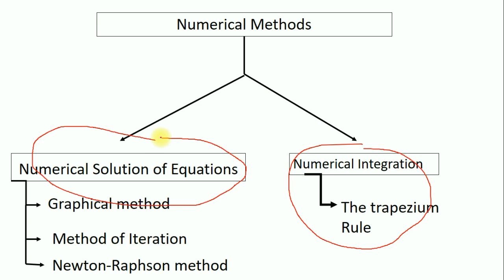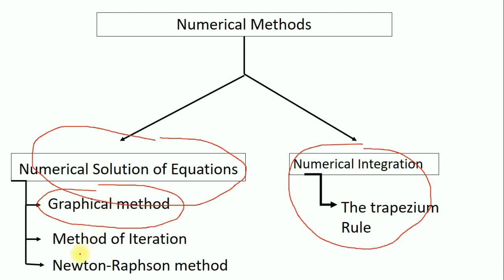Here we learn graphical method and intermediate value theorem. We use this graphical method and intermediate value theorem to find the number of real roots and to locate a root of an equation approximately.